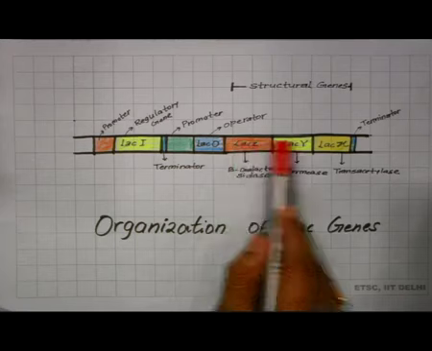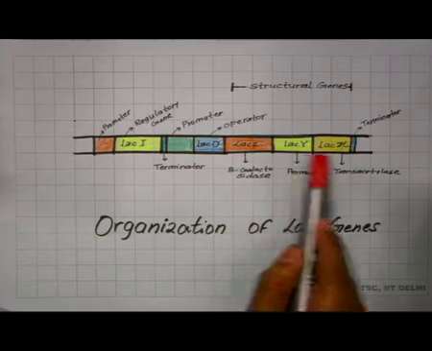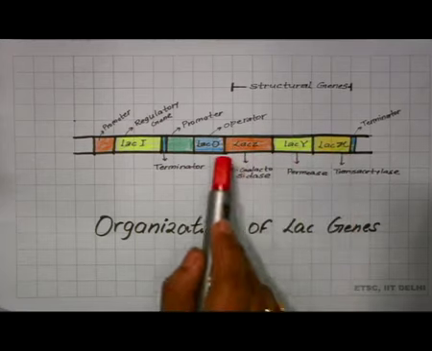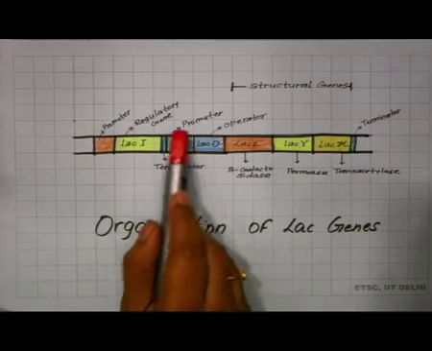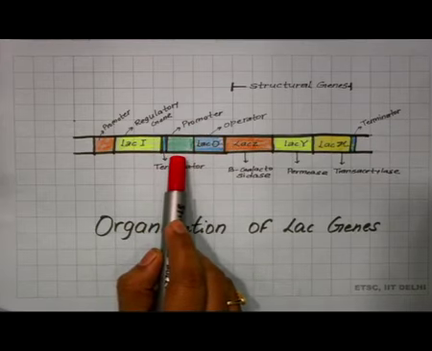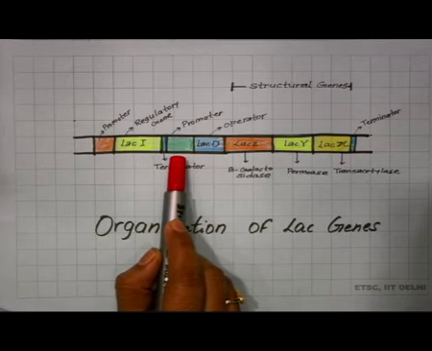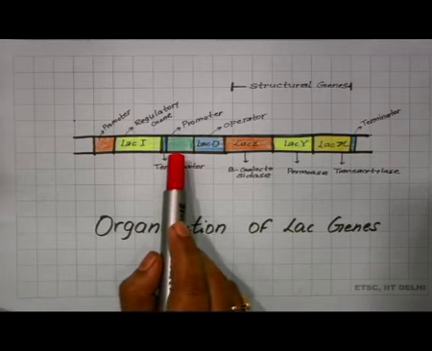So, for lac Z, lac Y and lac X there is a common promoter, which is a segment of DNA where RNA polymerase binds to initiate transcription.